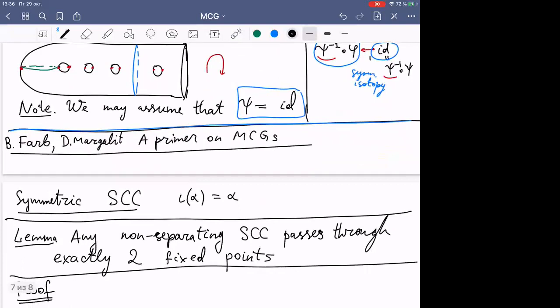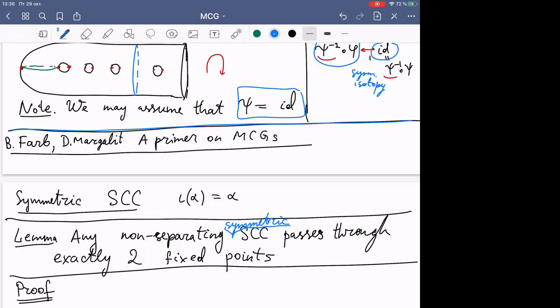Oh yes, of course, this is the most important. Of course, this is a lemma about symmetric simple closed curves. So we study only symmetric simple closed curves, and the claim is that any non-separating symmetric simple closed curve passes through exactly two fixed points.